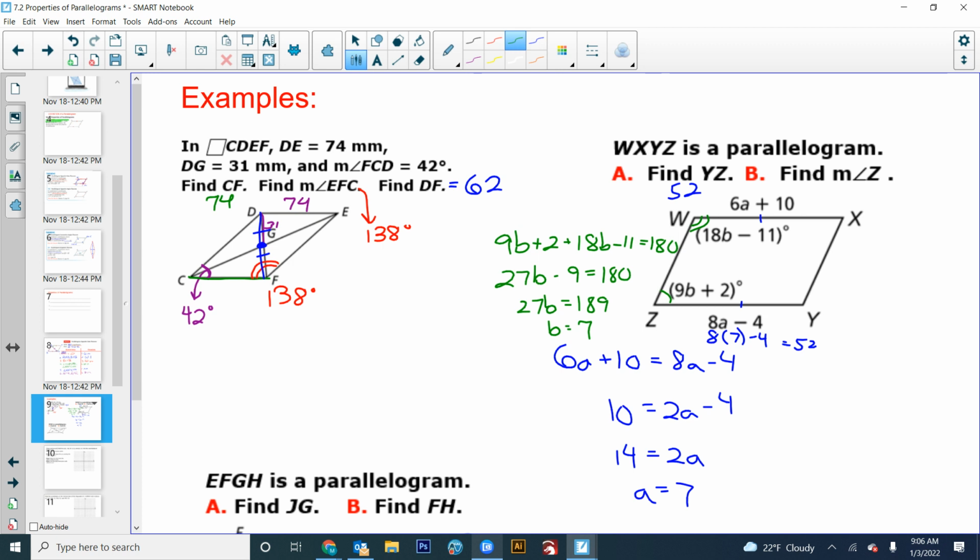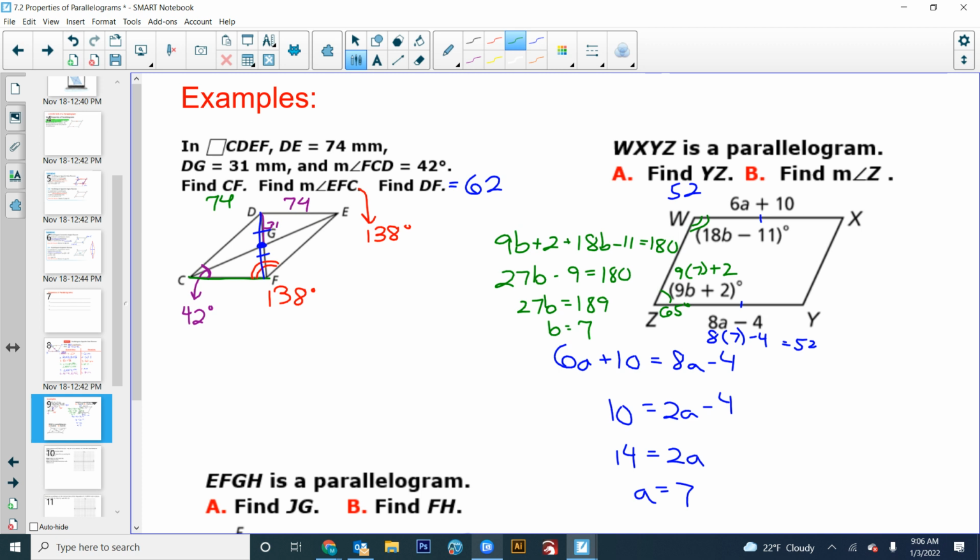But we want angle Z. Plug it in. 9 times 7 plus 2. What do you get? 65 degrees? 65 degrees. What if they asked for angle W?